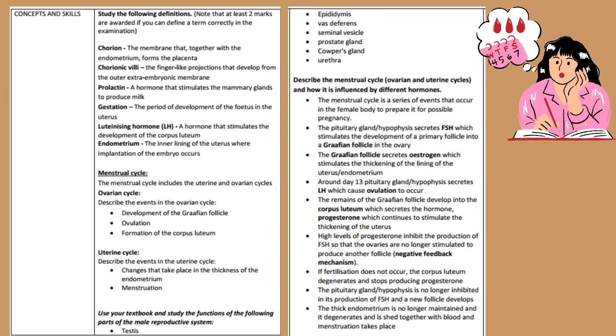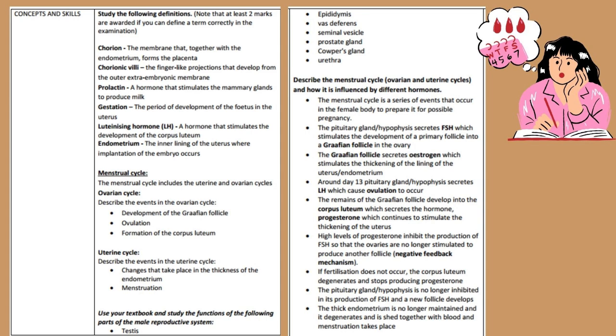The Graafian follicle secretes estrogen which stimulates the thickening of the lining of the uterus/endometrium. Around day 13 pituitary gland/hypophysis secretes LH which cause ovulation to occur.